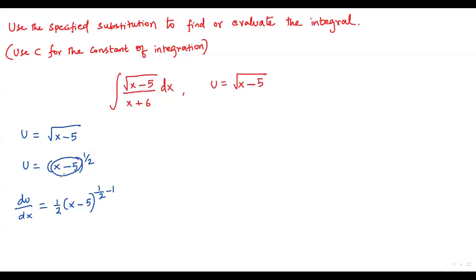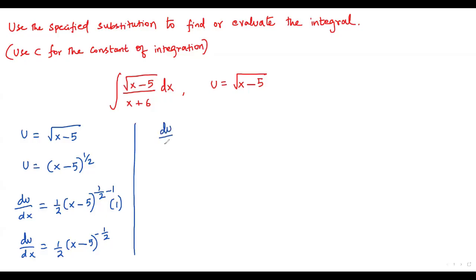When I find the derivative of x minus 5 with respect to x, I'm just getting 1, because the derivative of x with respect to x is just 1, and the derivative of the constant minus 5 is 0. Then we get times 1. Then we get du over dx equals 1/2 times (x minus 5) to the power minus 1/2. When I simplify 1/2 minus 1, I'm getting minus 1/2, and when I multiply this complete expression by 1, I'm still getting the same. Okay, let me continue.